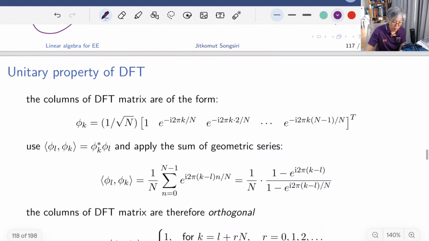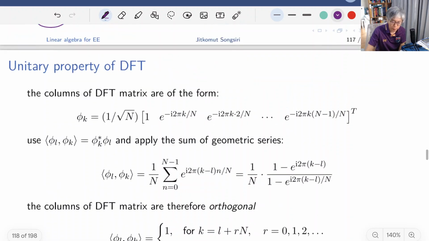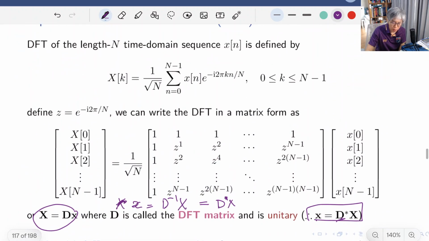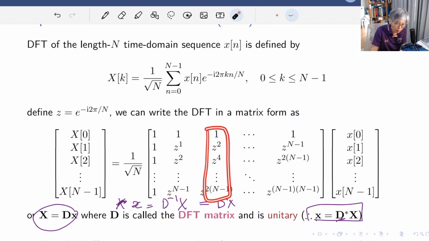In this slide, I verify the unitary property of the DFT matrix. Each column of the DFT matrix is a geometric series, z, z squared, and so on, all the way.